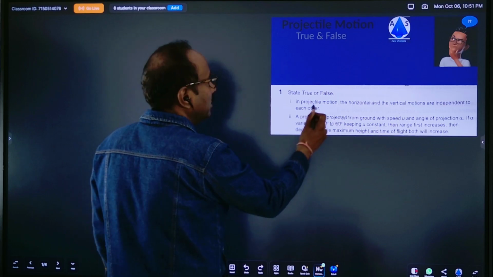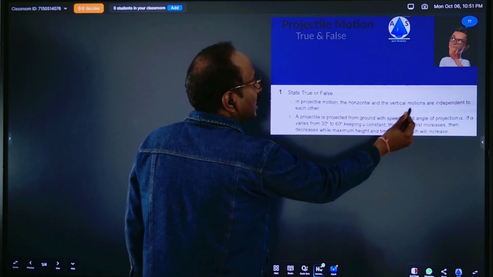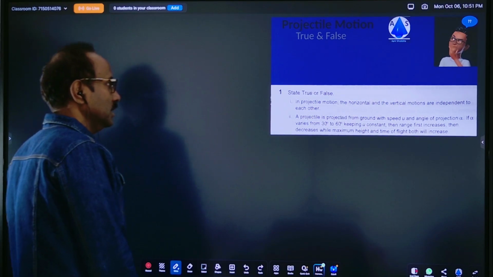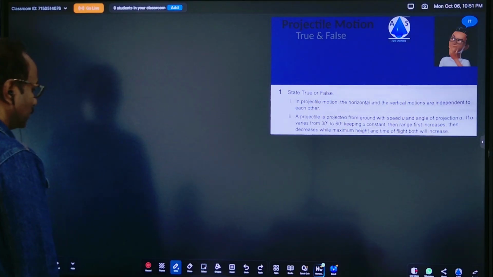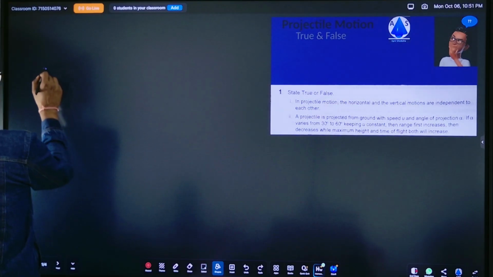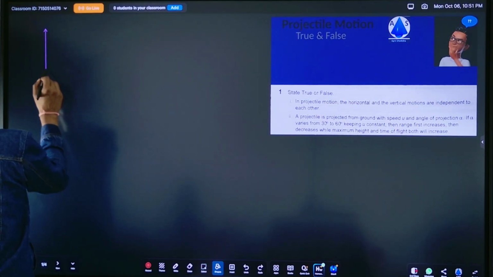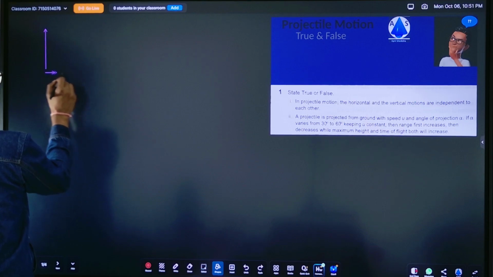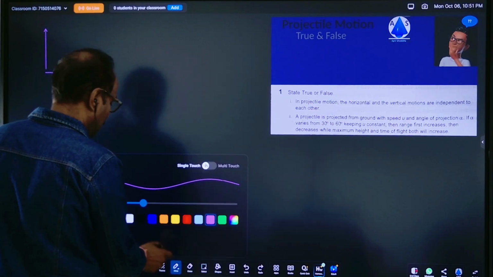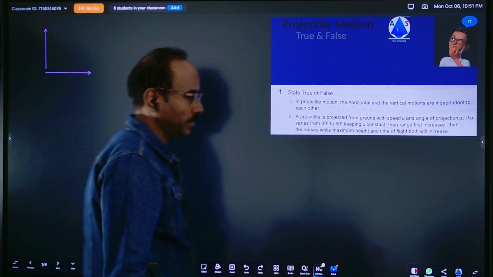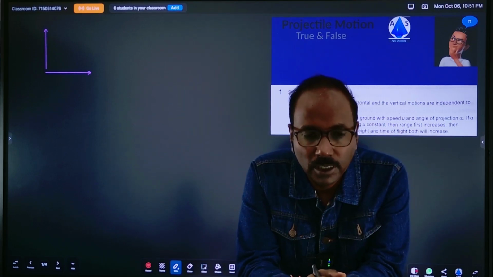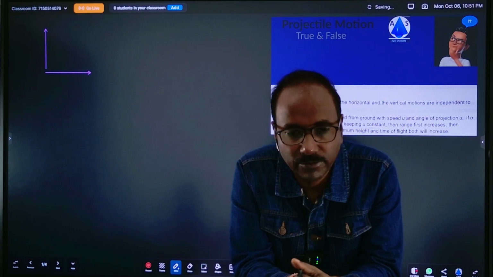in projectile motion, the horizontal and the vertical motions are independent to each other. Vertical motion and the horizontal motion in a projectile are independent to each other when it is thrown in an Earth's gravitational field.